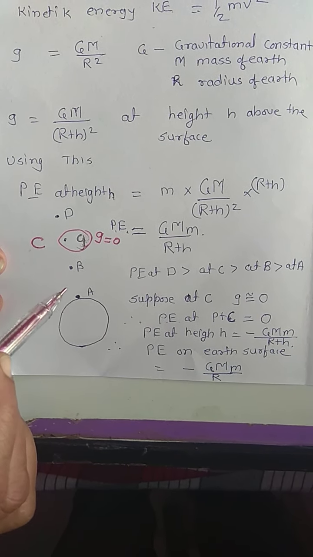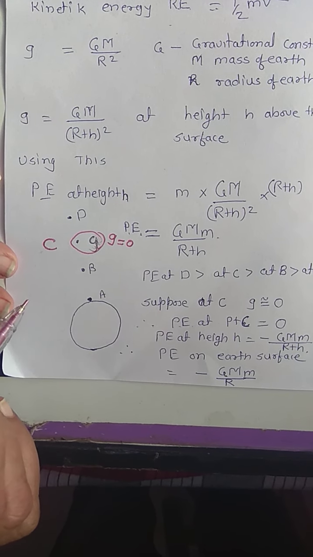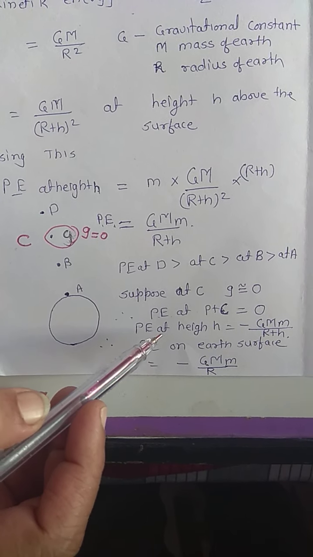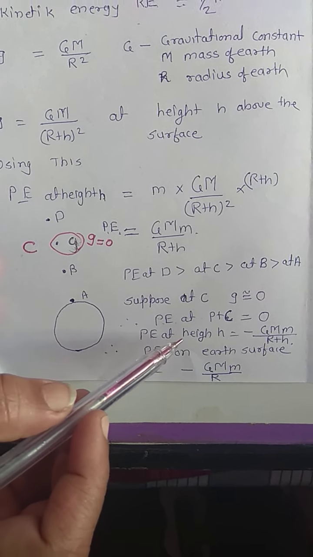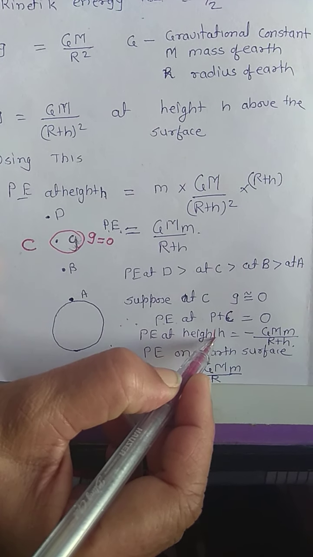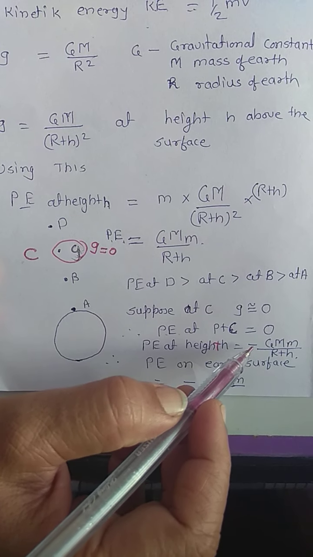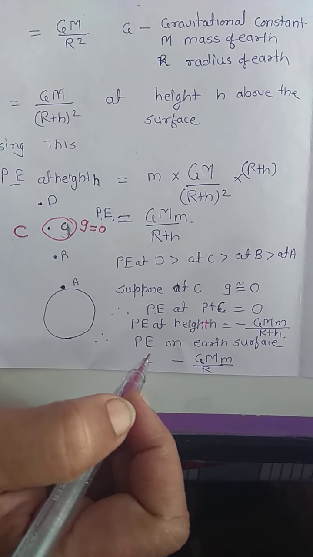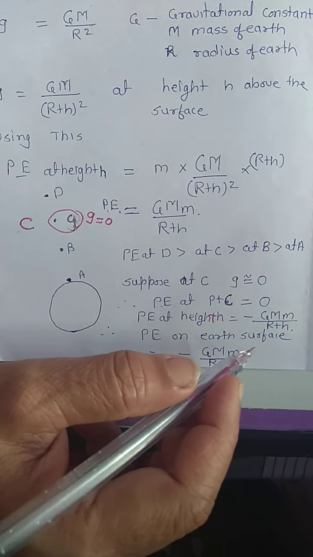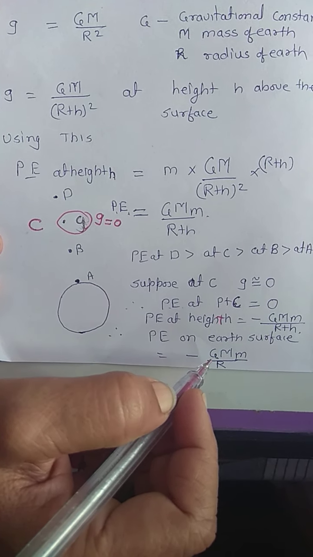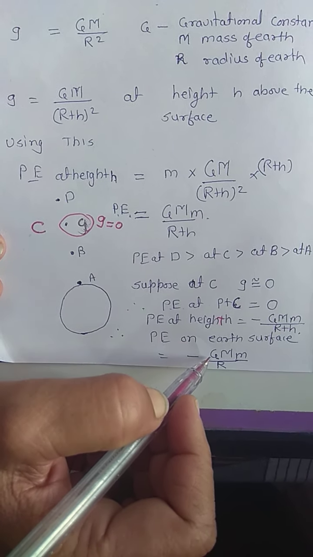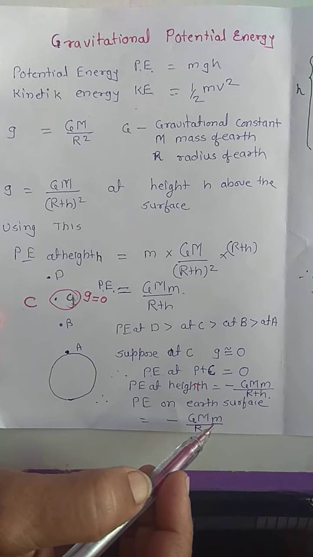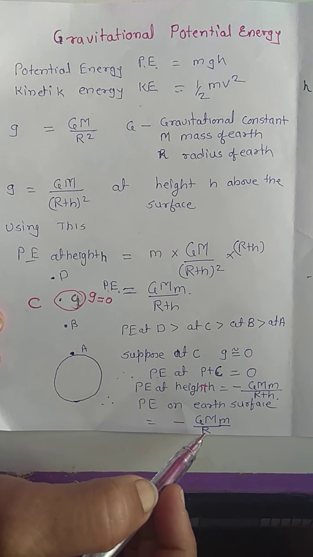Potential energy of any object on earth's surface is less than 0, and therefore we say that potential energy of any object at certain height h is equal to minus GMm upon (r plus h), and potential energy on earth's surface is given by minus GMm upon r, where G is gravitational constant, M is mass of the earth, m is mass of the object and r is the radius of the earth.